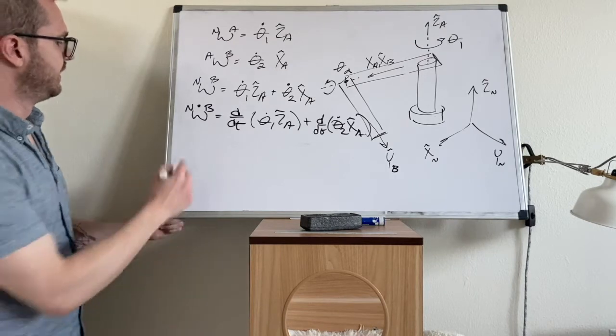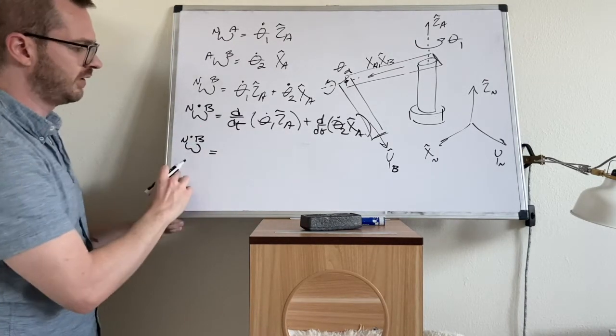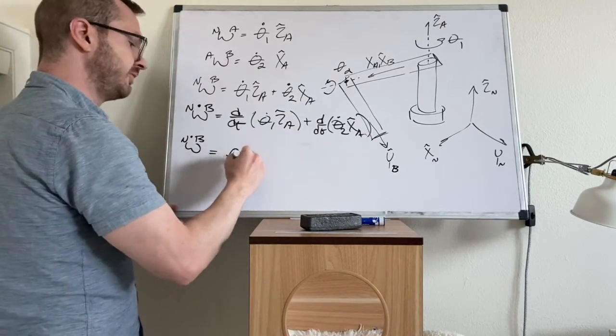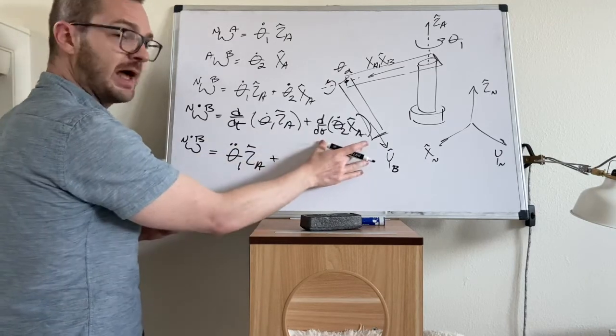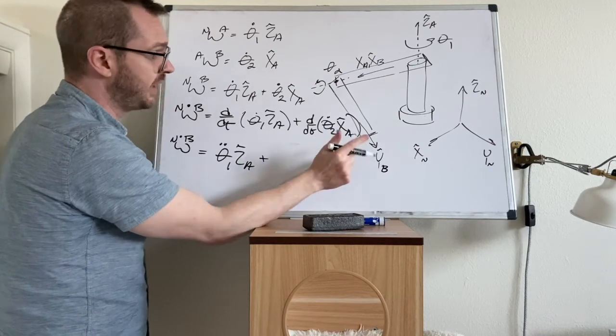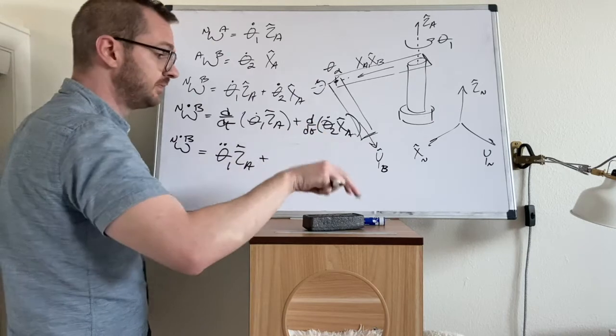All right. So omega N to B dot, what is going to happen? Well, this term is obvious. This is theta 1 double dot ZA. However, what happens on this term? You can do a product rule expansion on this, and notice that the X hat A term changes.